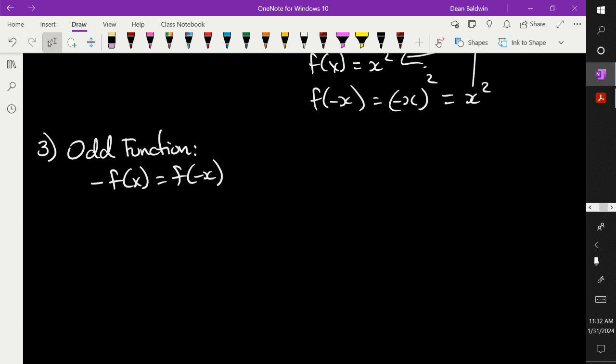So what kind of symmetry does that have? We can rewrite this. I'm going to move this negative over here, which gives me f of x is equal to negative f of negative x.